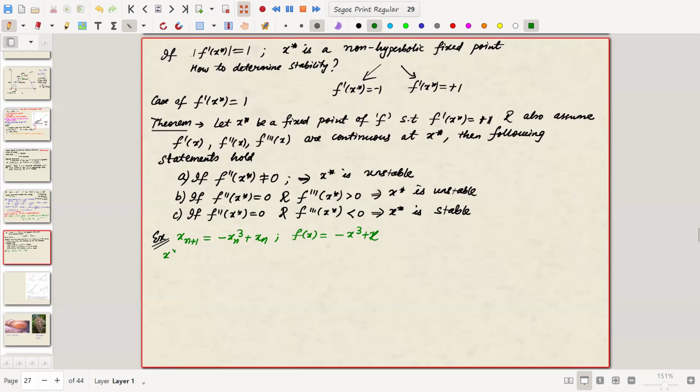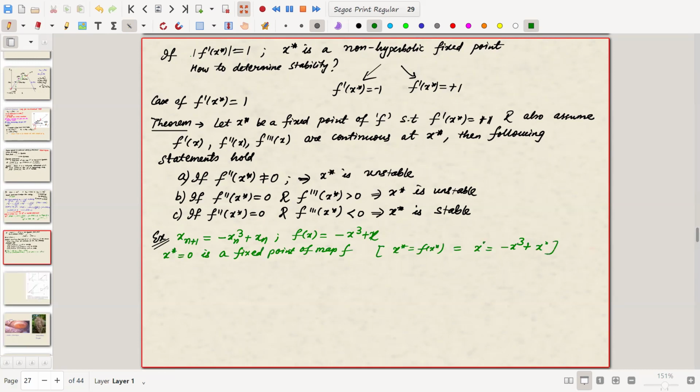Now x star is a fixed point of the map. How many of you say it is false? Is it true? Yes, x equal to 0 is a fixed point. Because x star equals f of x star. That means x star equals minus x star cube plus x star.